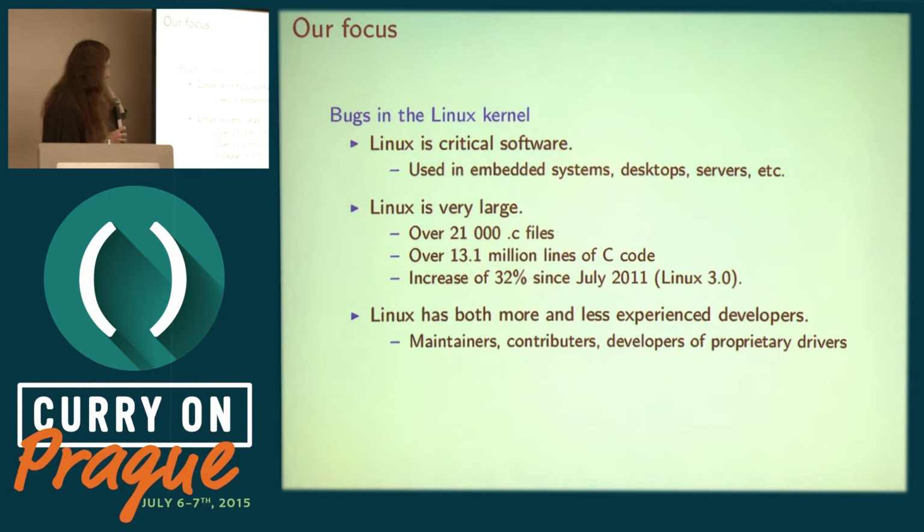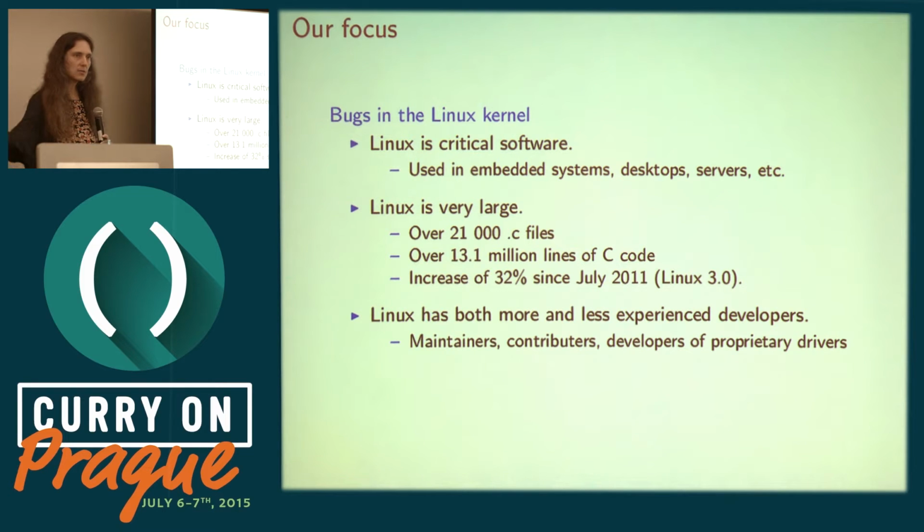So the case of bugs in the Linux kernel: Linux is critical software. Everybody relies on their operating system to do the right thing. It's embedded systems, desktops, servers, everything from your phone, basically, to your supercomputer. The Linux kernel is very large. It's over 21,000 C files, 13 million lines of code.